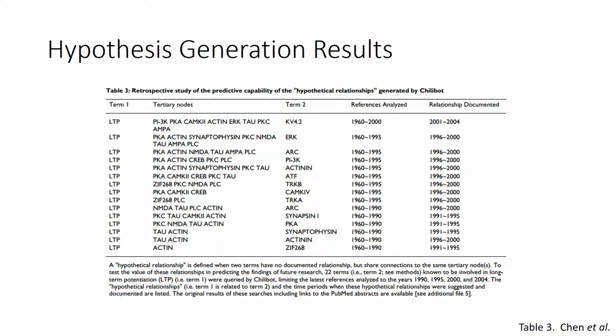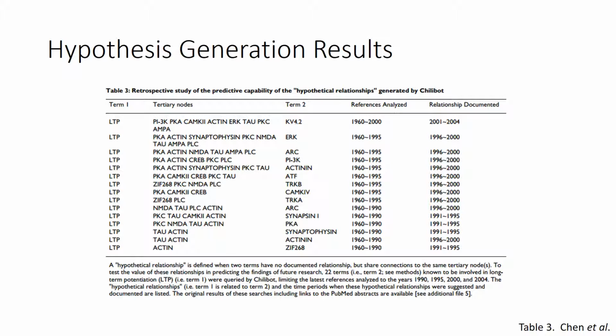This table is a bit confusing, I will say. The third column you see here is what you give to the ChiliBot query. Then you would be able to find the relationship to LTP through knowing the A to B relationship and the B to C relationship.